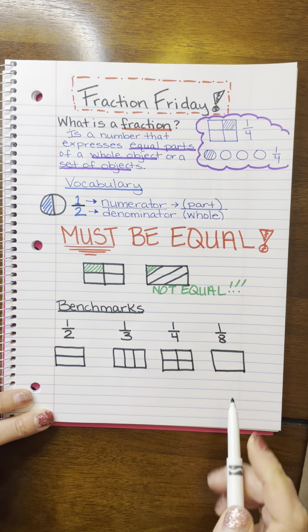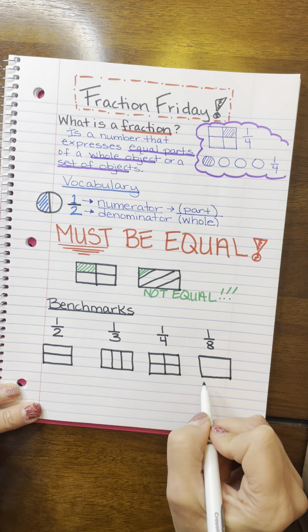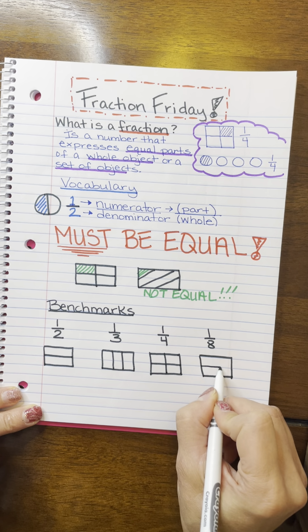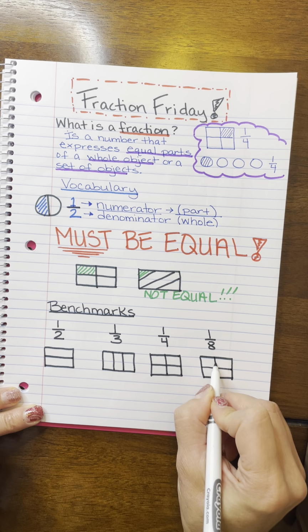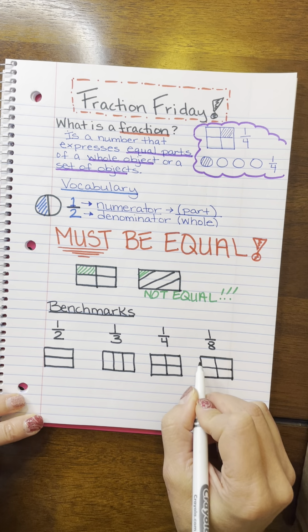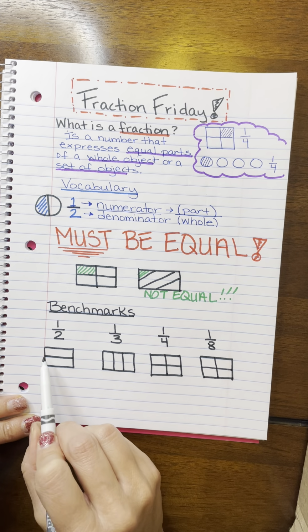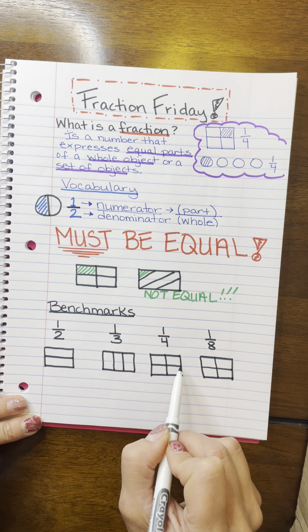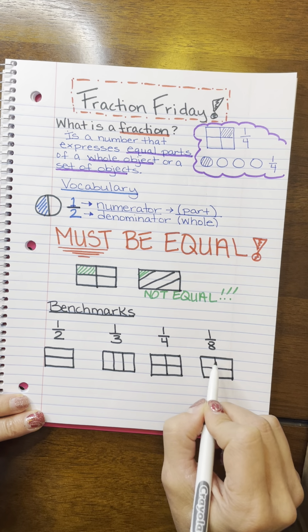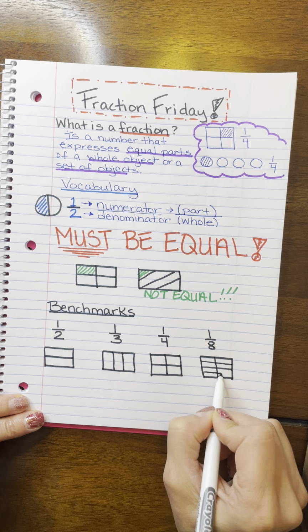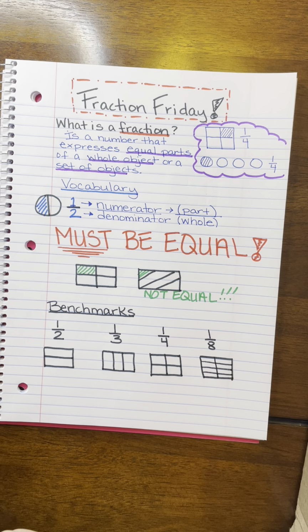Here's a little trick. When I want to do eighths, oh, that was not very straight. Pretend this is straight. The first thing I'm going to do is cut it in half and cut it in half again. That's going to give me 4, right? Just like I did half, and then to make fourths, I cut the half in half. When I want to make eighths, I'm going to cut this top part in half, and then cut this bottom part in half, and now I have 8 equal slices.